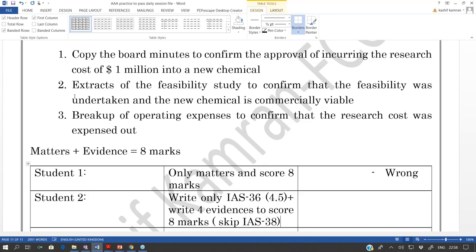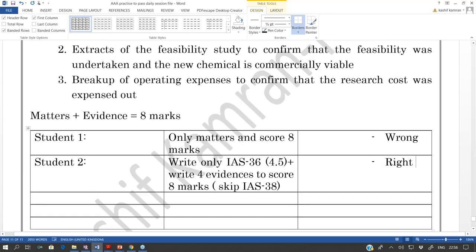Now this is a very right student. This is very right, because you did both the things right. You did both the things. So you write IAS 36, 4.5 marks, you write 4 evidences.